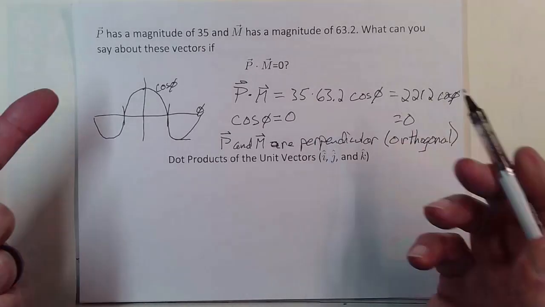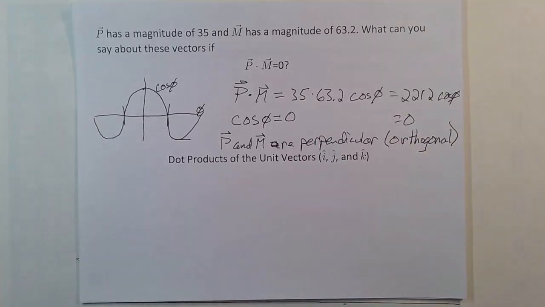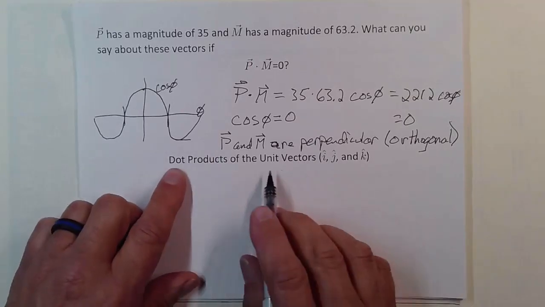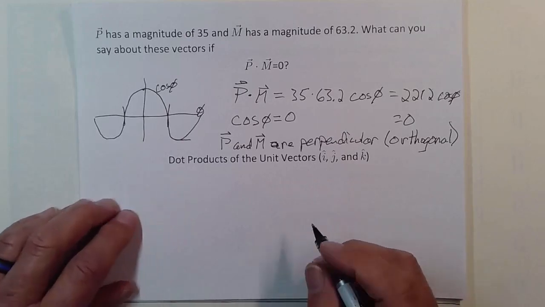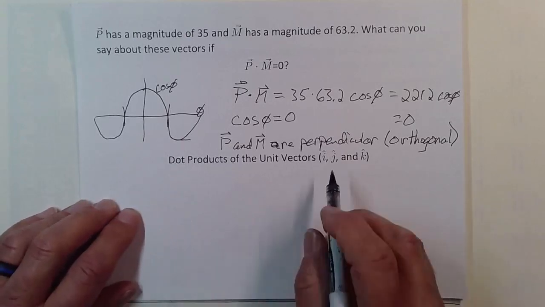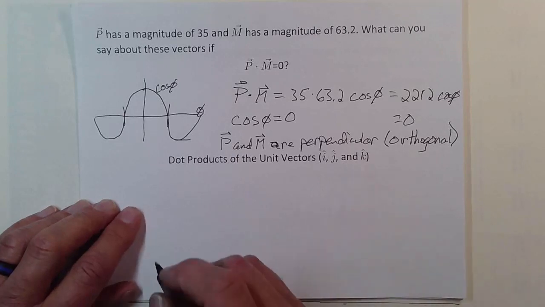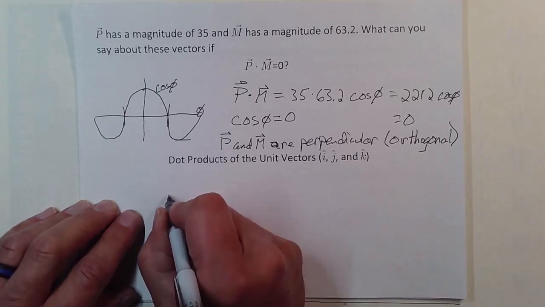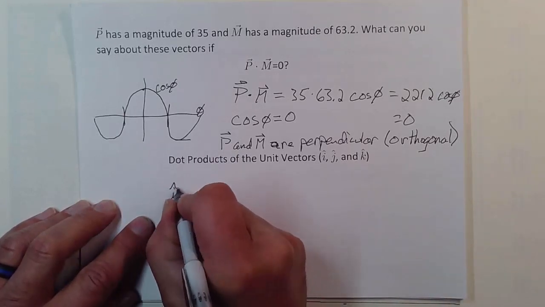So if the dot product between two vectors is 0, they are perpendicular or orthogonal. Or if they're perpendicular, the dot product will be 0. So let's consider dot products of the unit vectors. And this will also let us learn something about the dot product of something with itself.